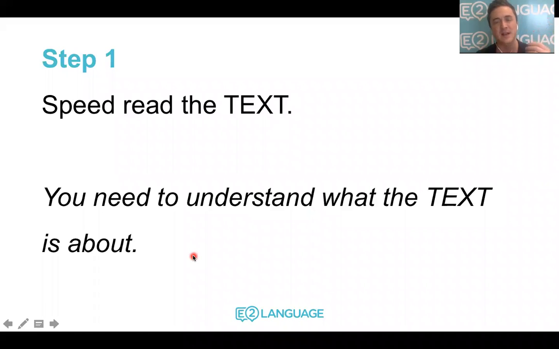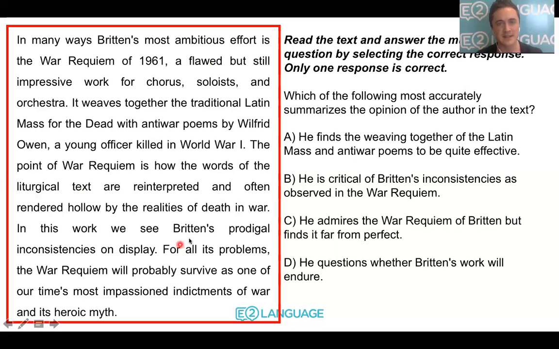You need to get a general idea, not in detail, just a general idea. Okay, so here's the text here. This time I will give you 30 seconds to speed read this text here. Then I'm going to ask you a question. So 30 seconds starts now.